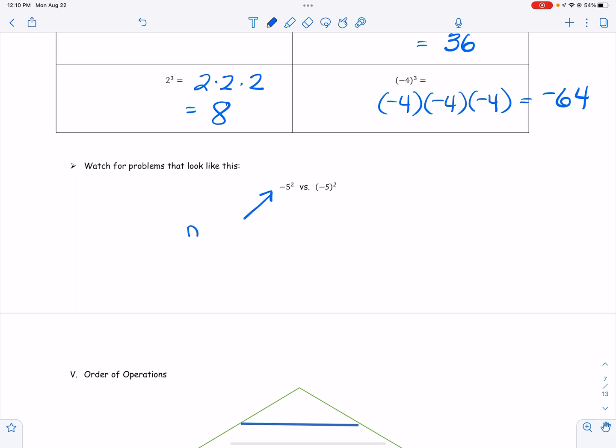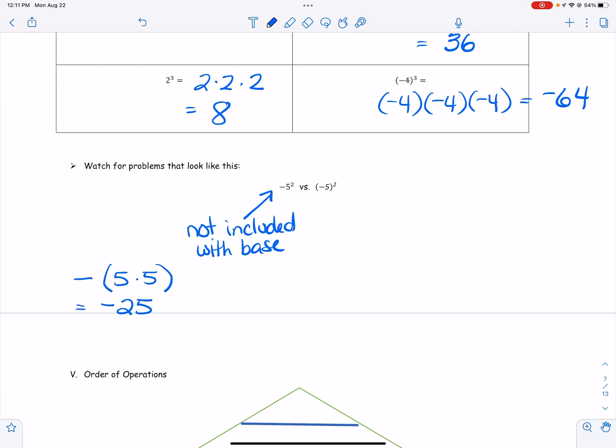This negative sign is not included with the base. So what that means is that the negative sign is out in front and you are squaring the 5, which makes that answer always a negative answer.